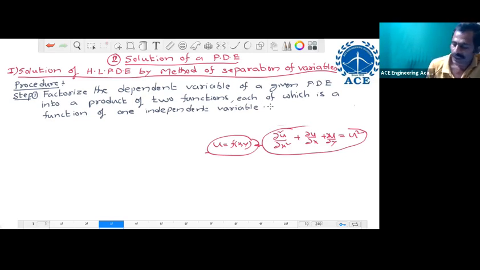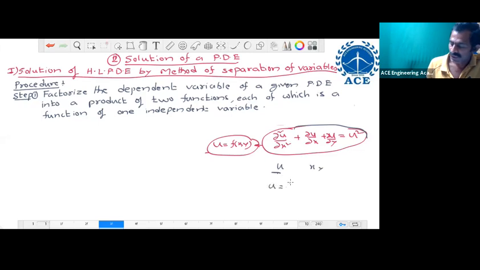Let us suppose this equation. It is already a partial differential equation. In this partial differential equation, u is the dependent variable. Independent variables are x and y. So according to this first step, factorize the dependent variable u into a product of two functions, each of which must be a function of one independent variable.